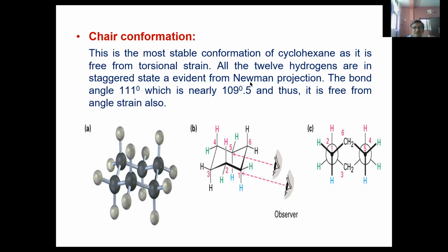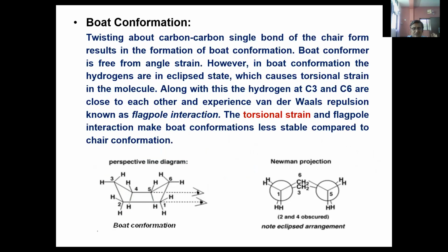That retained angle is not exactly 109 degrees 28 minutes, but in fact 111 degrees. So it is almost totally free from strain when in chair conformation. In chair conformation, all hydrogens are far away from each other. They are purely in the staggered conformation.